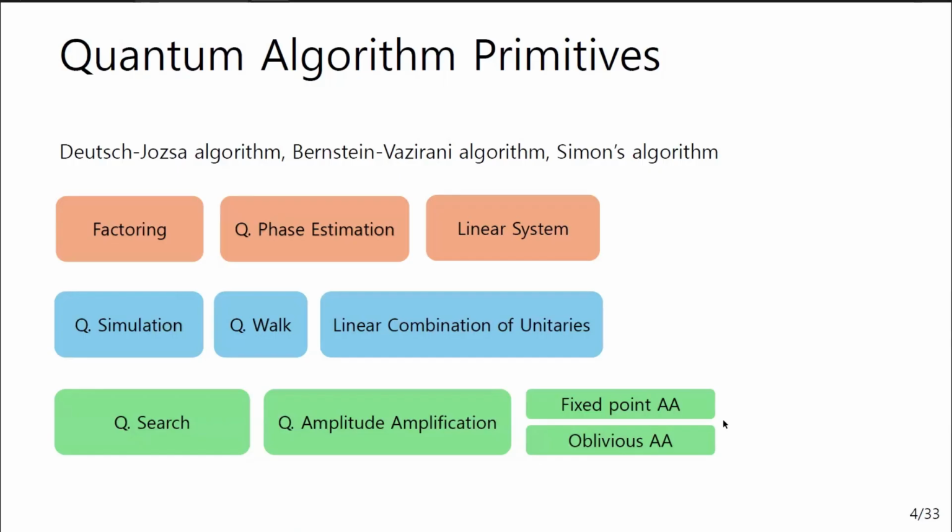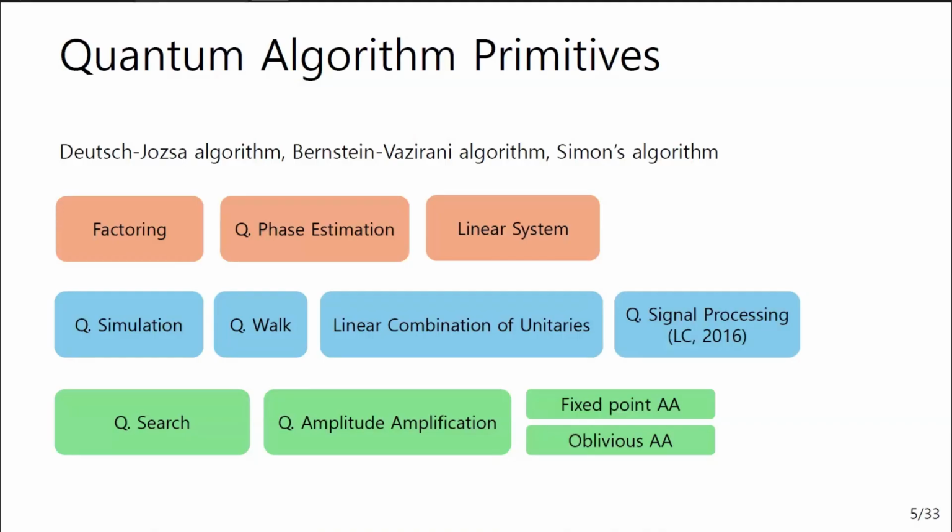The blue ones are related to Hamiltonian simulation. And the green ones are related to quantum search. However, algorithms are not exactly separated into these categories. For example, LCU is related to QPE, and quantum walk algorithm is related to quantum search.